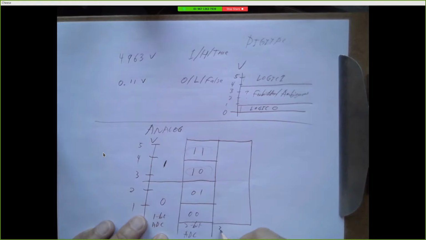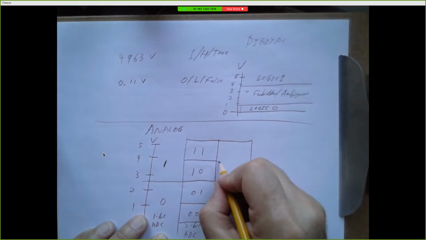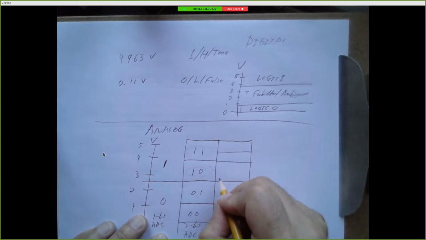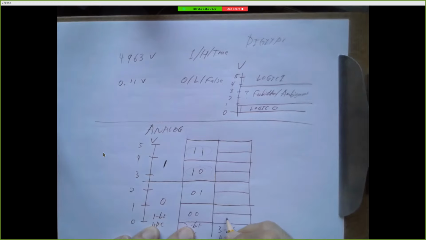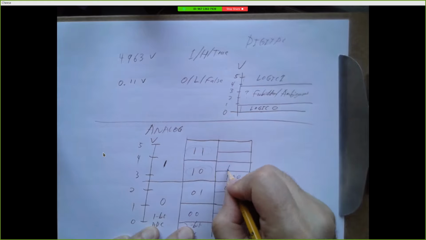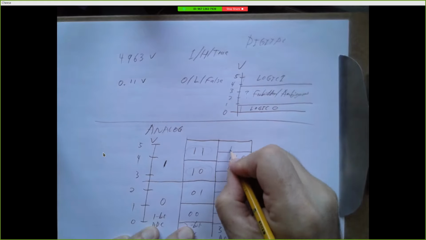Now I could do a 3-bit analog to digital converter. In 3 bits I can represent 8 different numbers. So I'm going to break my input range into 8 buckets, and I'm going to represent each of those with a 3-bit code as follows.